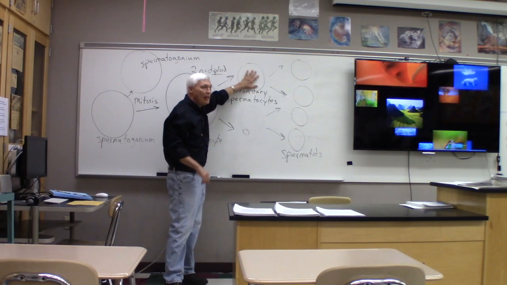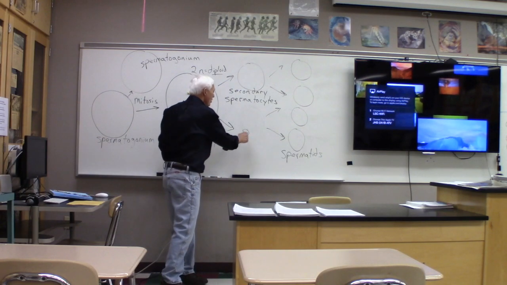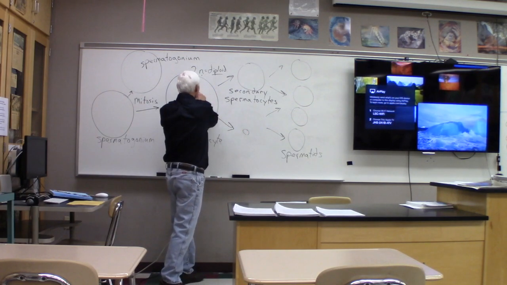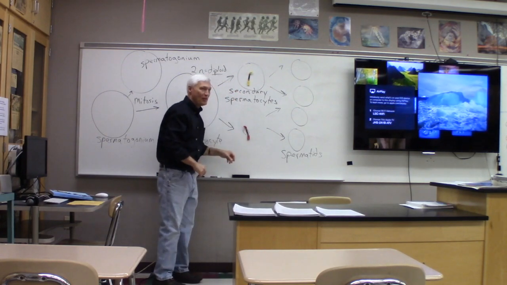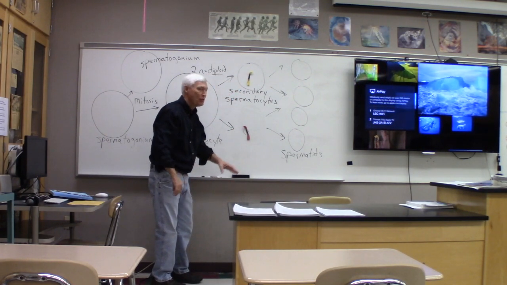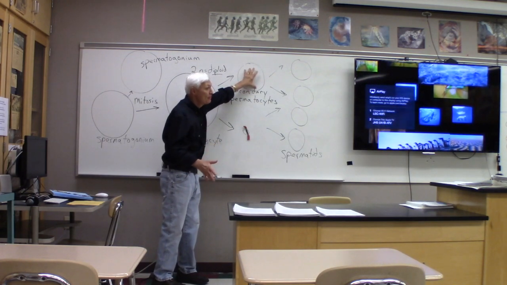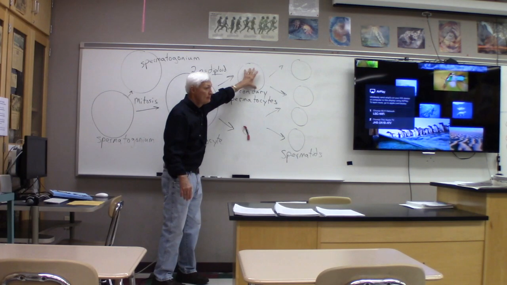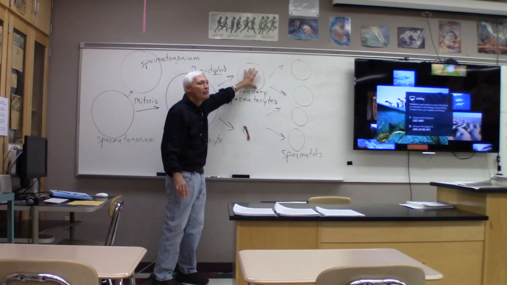This one's going to become the egg. We can call it the egg. This one is wasted. The only function of this one is to get rid of half the chromosomes. Pull half the chromosomes out so you can get this cell down to half the number of chromosomes. Anybody remember what word we use for that? Half the number?